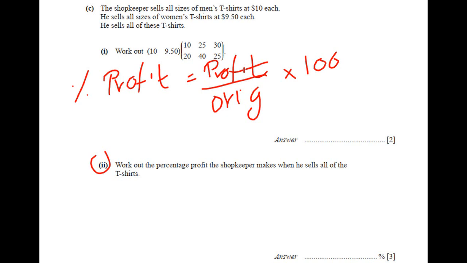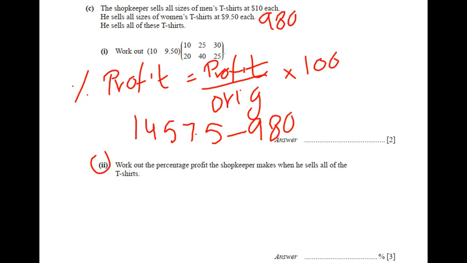Now profit will be the answer of C1, which is 1457.5 minus the cost price, which was found in part B1, 440 plus 540. So that is 980.